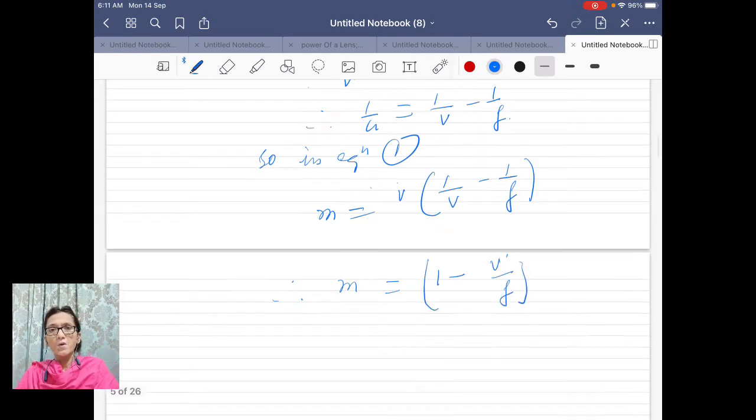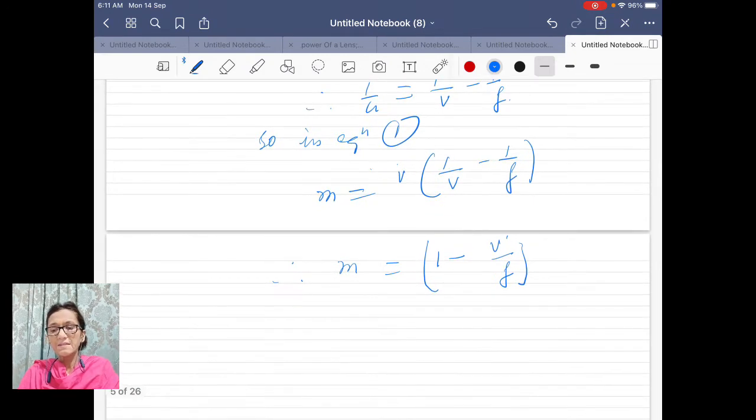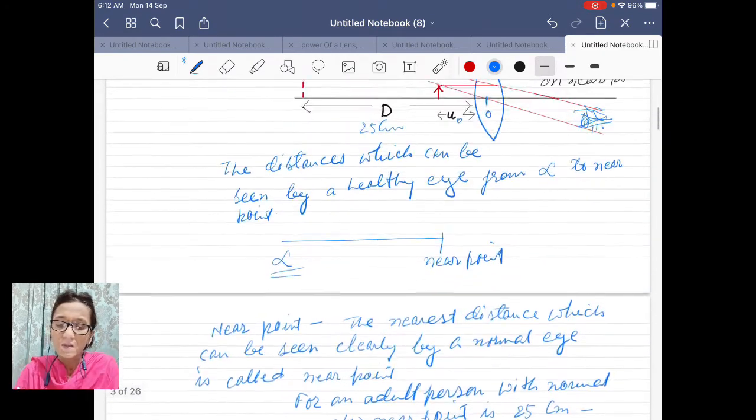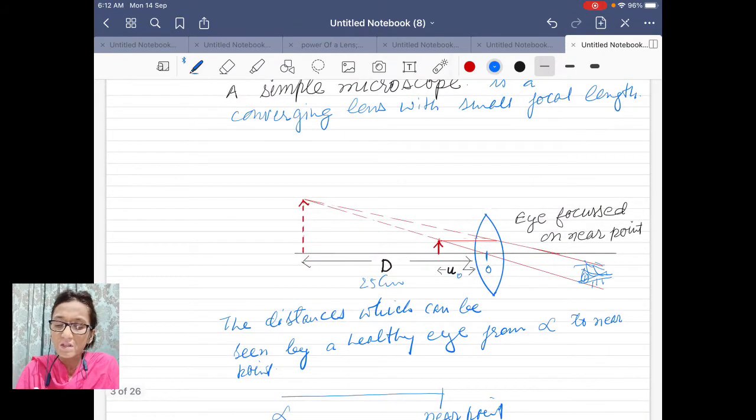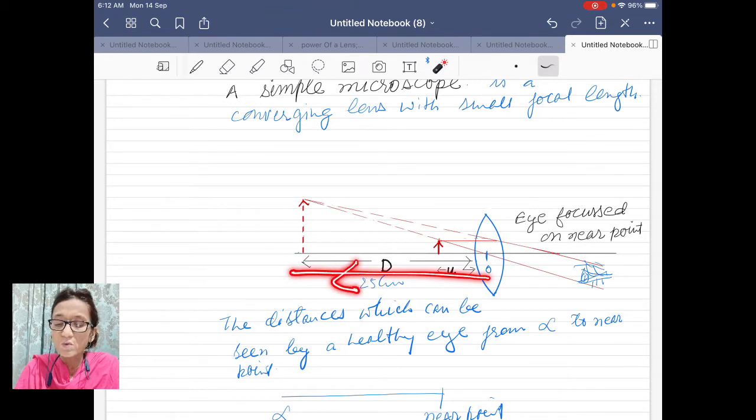Now let me put the value of V. As the image is obtained at near point, here V is equal to minus D, because the image is obtained on the same side as U. When you measure this distance starting from the optical center, it is in a direction opposite to the direction of the incident ray, so this should be taken as negative.